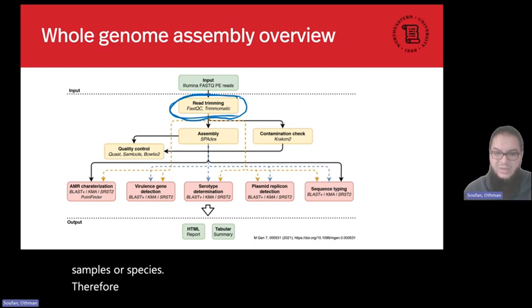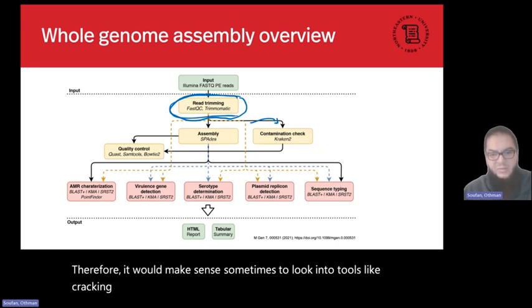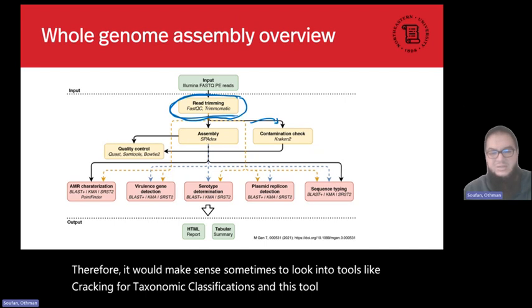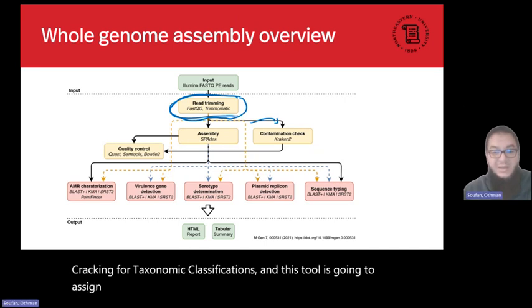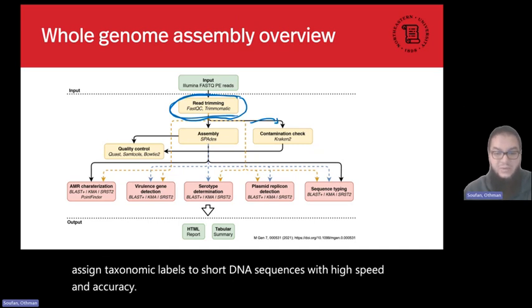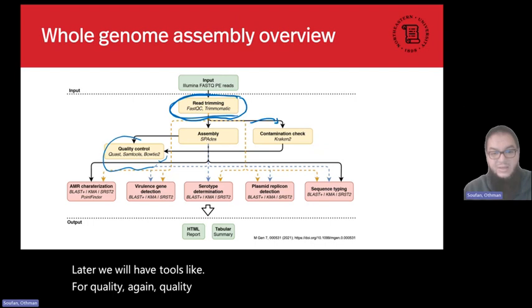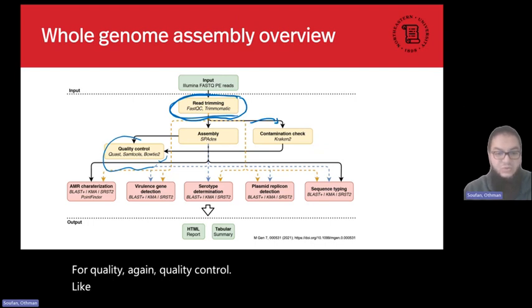Therefore, it would make sense sometimes to look into tools like Kraken for taxonomic classification. This tool is going to assign taxonomic labels to short DNA sequences with high speed and accuracy. Later, we will have tools for quality control, like QUAST, the quality assessment tool.